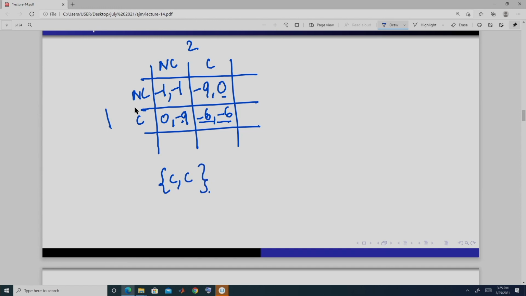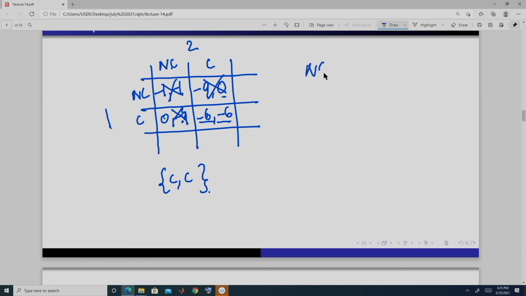Now, it is obvious that this is not a Nash equilibrium, because if player 2 chooses C, it deviates here. This is also not a Nash equilibrium, because if player 1 chooses C, player 2 chooses C here. And this is not a Nash equilibrium either. Why? Because when player 1 chooses NC, player 2 chooses C. So what do we see?